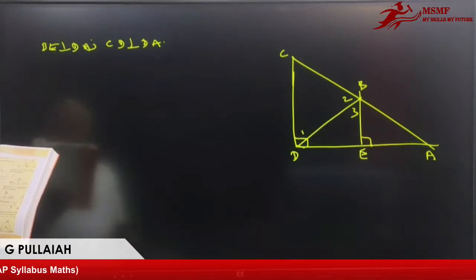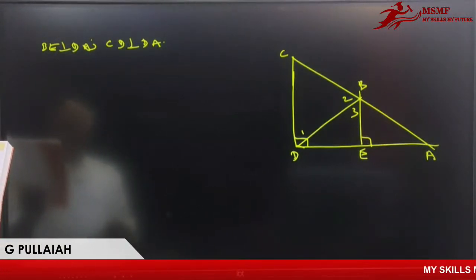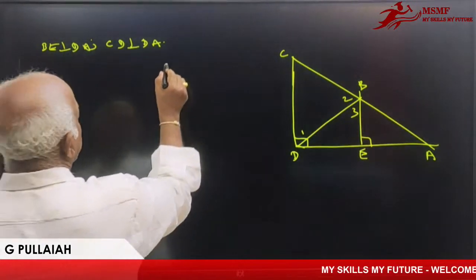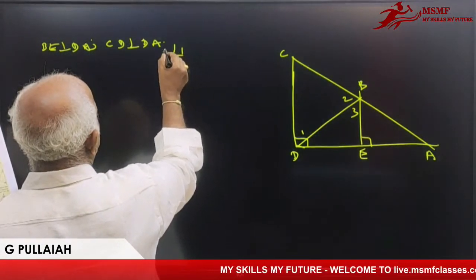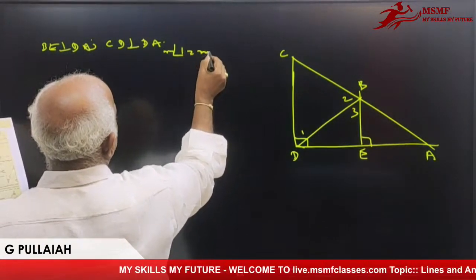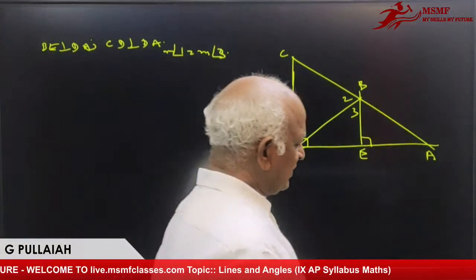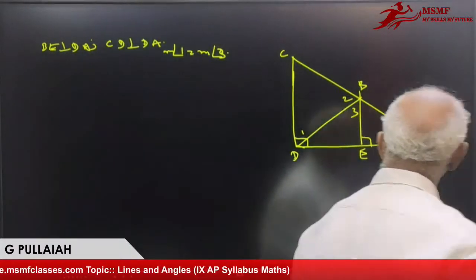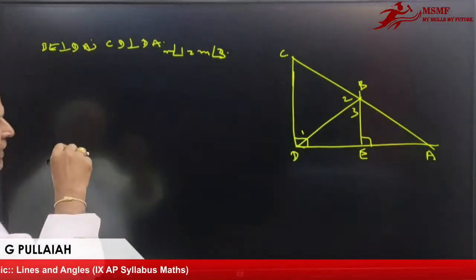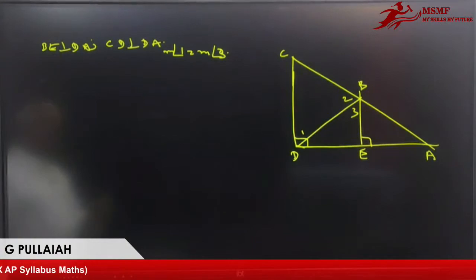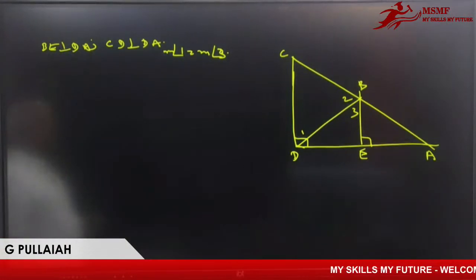So now here find the value of angle 1. Angle 1 is equal to angle 3. So think very carefully here. BE is perpendicular to DA and CD is perpendicular to DA.